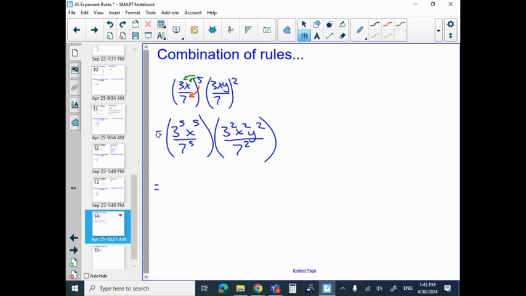And then if you wanted to, you could show that you extend this division line, point out that we're multiplying those and multiplying those. So the overall version, 3 to the 5, x to the 5, 3 to the 2, x to the 2, y to the 2, just kind of combining them.